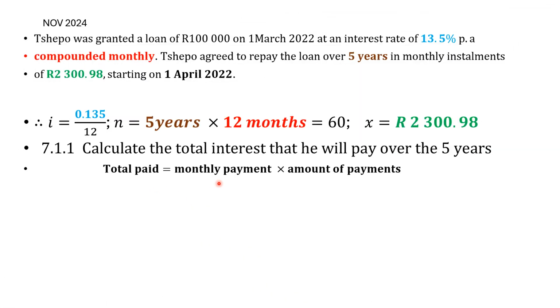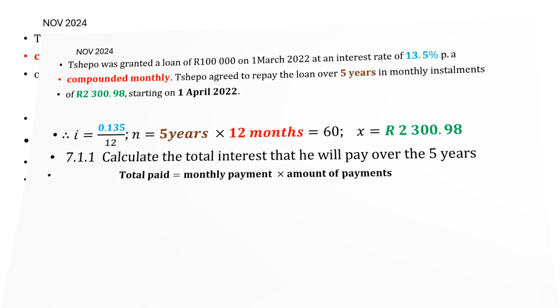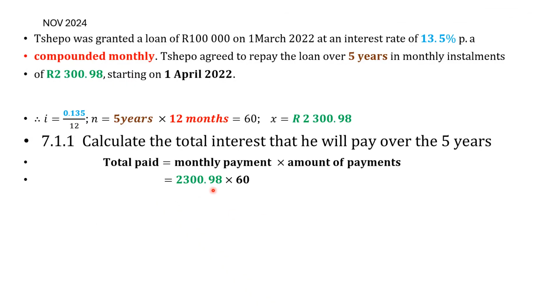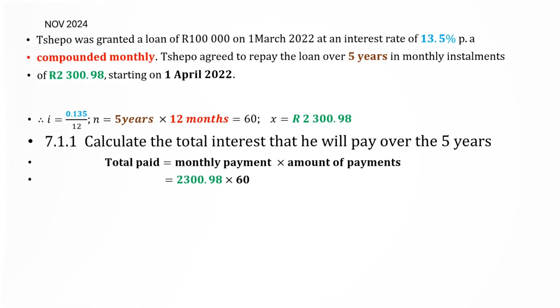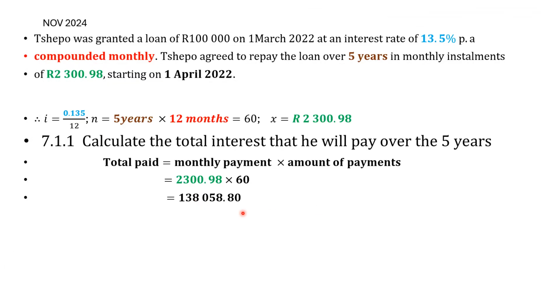Total paid would equal monthly payment times amount of payments. So his monthly payment equals 2,398 Rand times the amount of payments, which is 60, and that gives me a total of 138,058 Rand 80 cents.